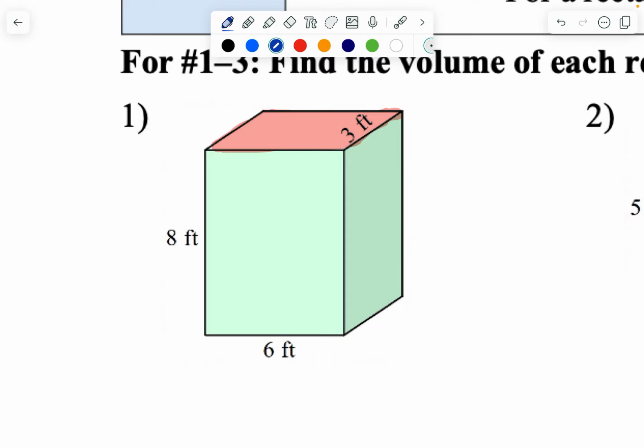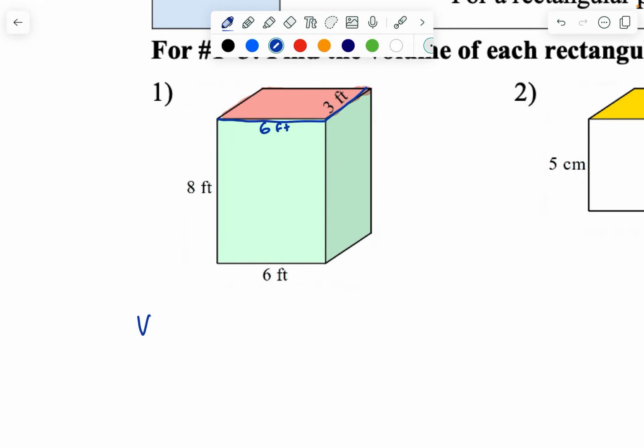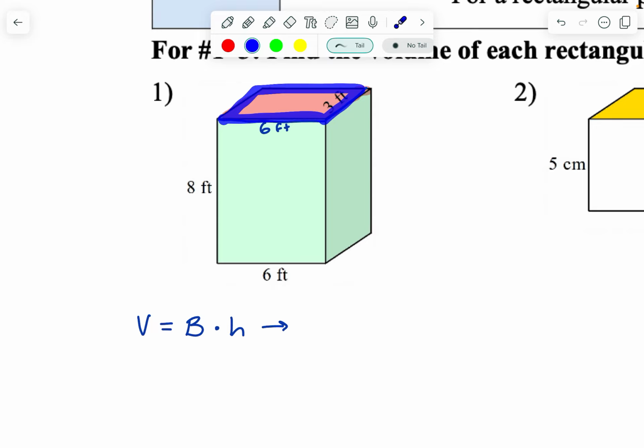The dimensions of this base, 3 by 6. And I get that from down here. So in order to find the volume, I need to find the area of the base and I need to multiply the height. The area of the base. Well, the base is a rectangle with dimensions 3 by 6. 3 times 6.